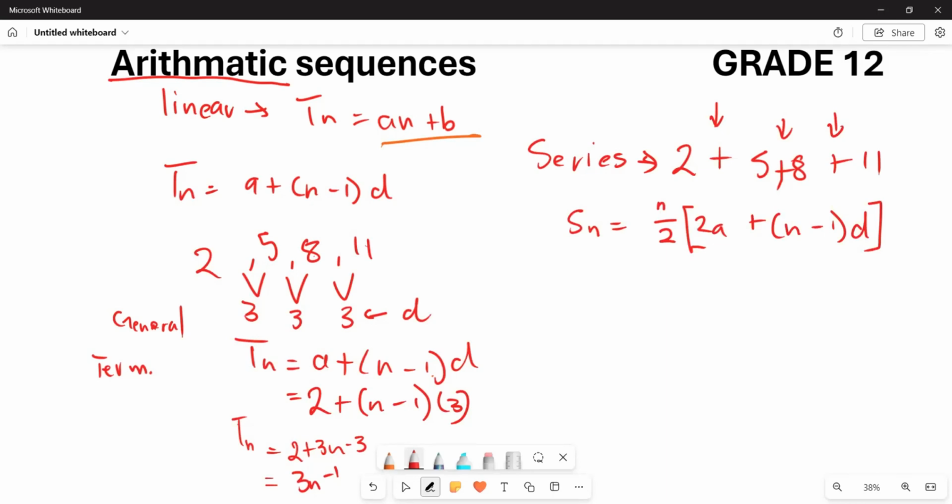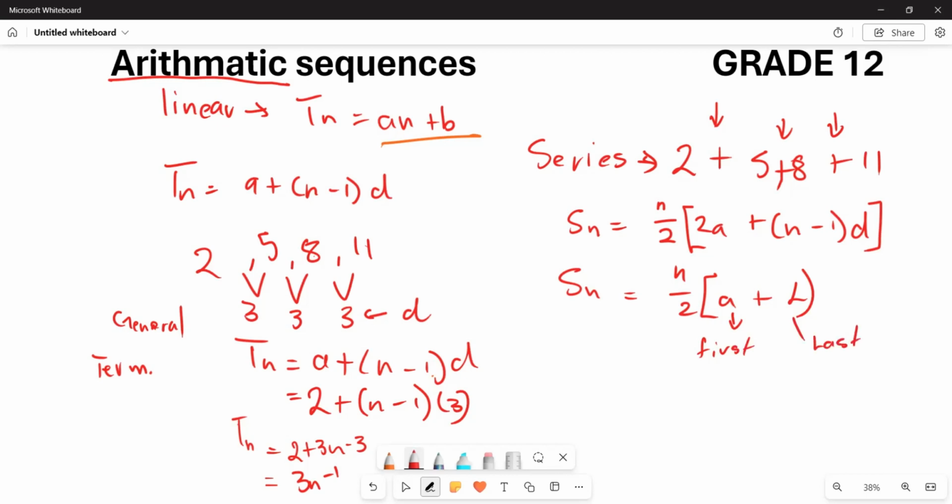We also have another formula for our series, which is Sn equals n over 2 open bracket a plus l close bracket. You use this one when you have your first term and you also know your last term of the sequence.